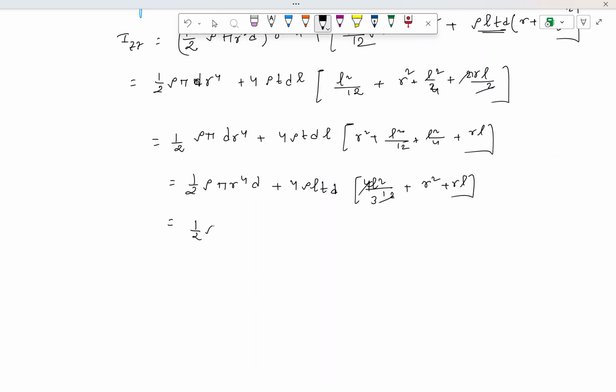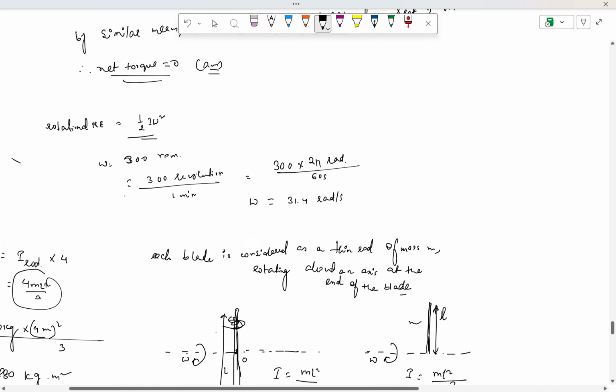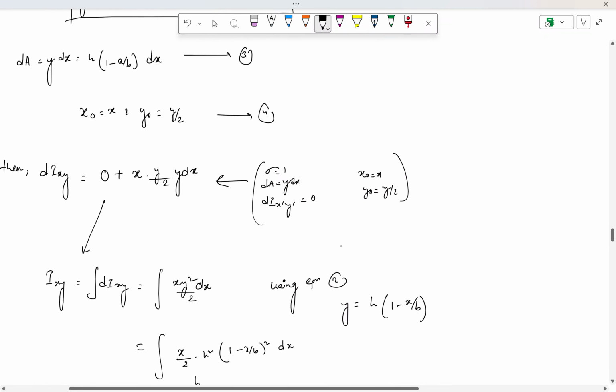So the final answer is half rho pi r to the power 4 d plus 4 rho l td times l squared by 3 plus r squared plus rl. So this is your final answer. Let us go back and check.